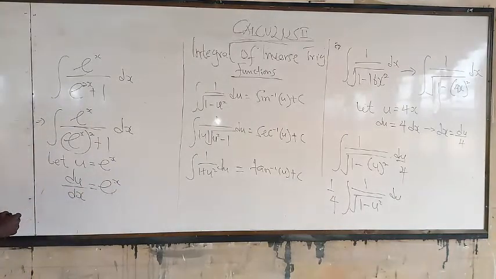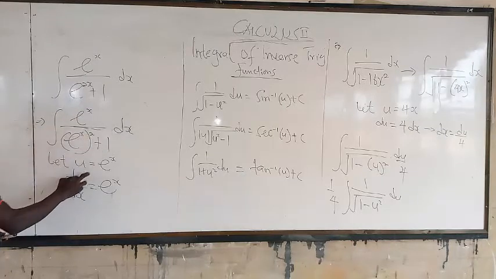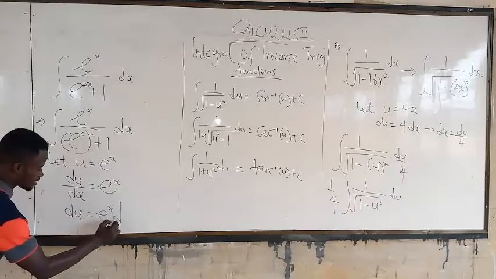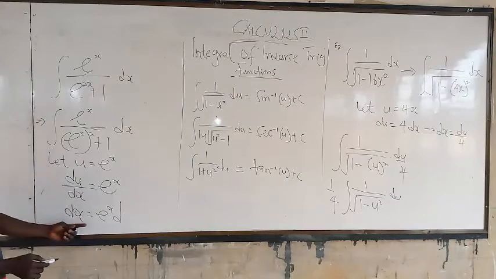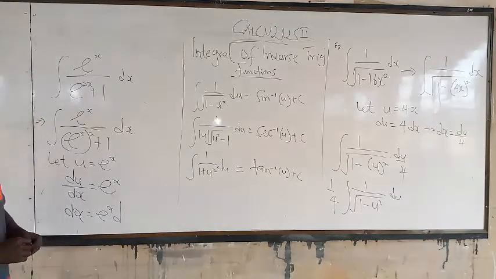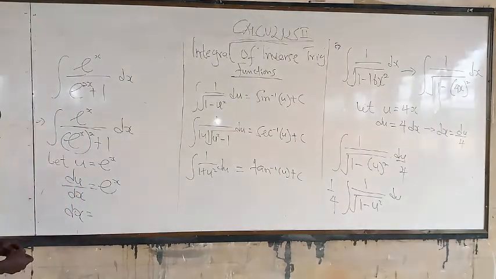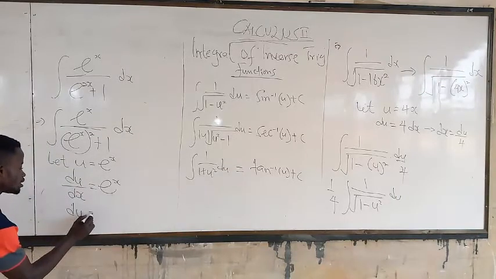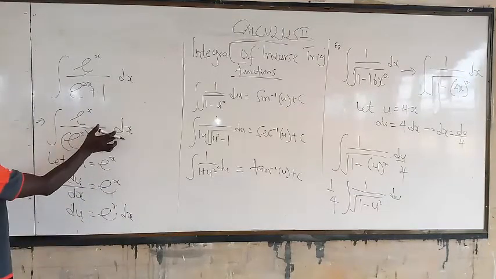Then, hope you can see that, we can write ds here. So e raised to the power s times ds is exactly du. So du is equal to e raised to the power s times ds, and that is exactly here.